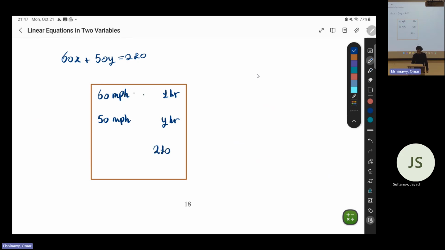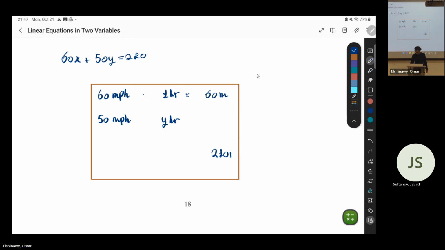So 60 miles per hour times 1 hour gives you 60 miles, and 50 times y gives you 50 times y miles.